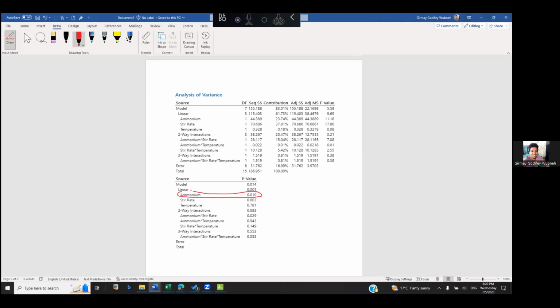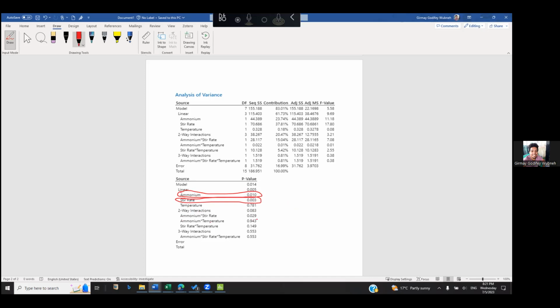So that's less than 0.05. So ammonium has a significant effect on the density function. Stirring rate 0.003 is a significant effect on the response function. Temperature 0.781 which means no effect.